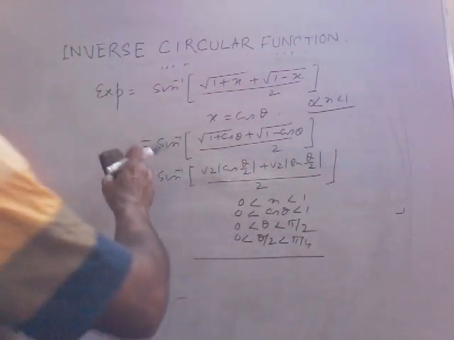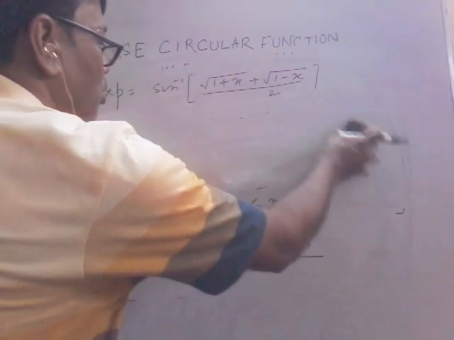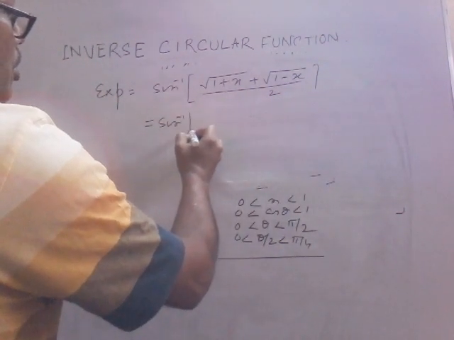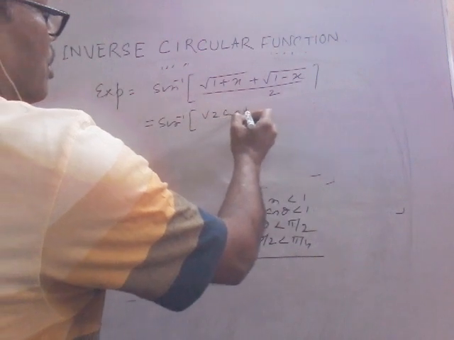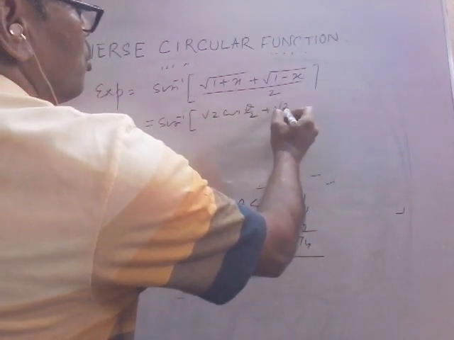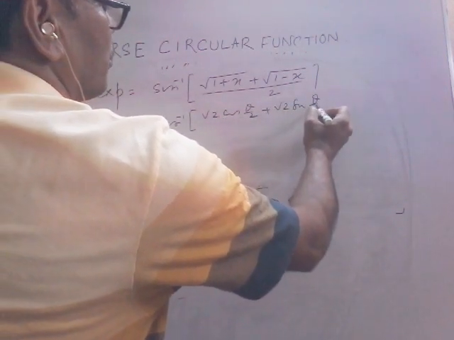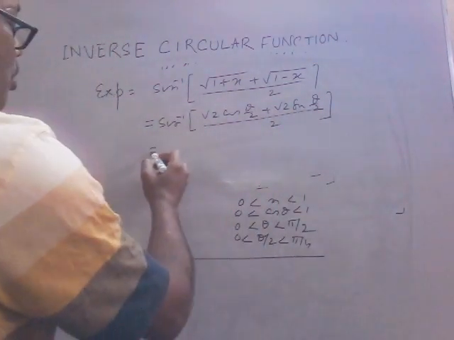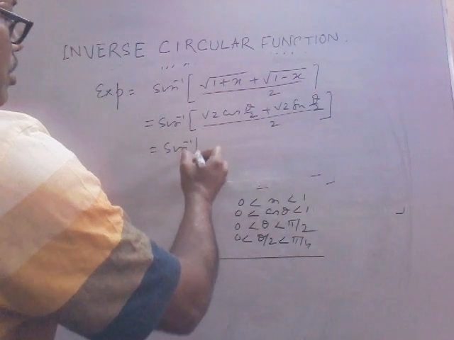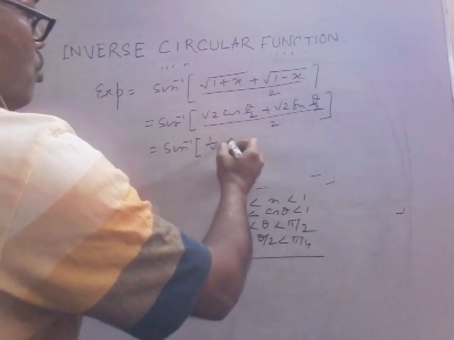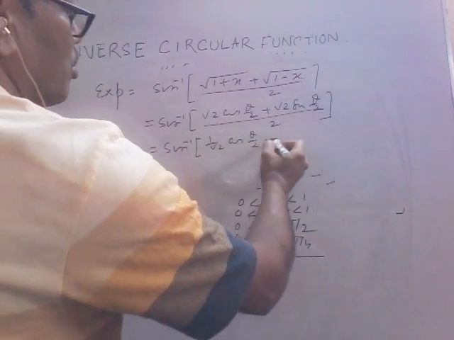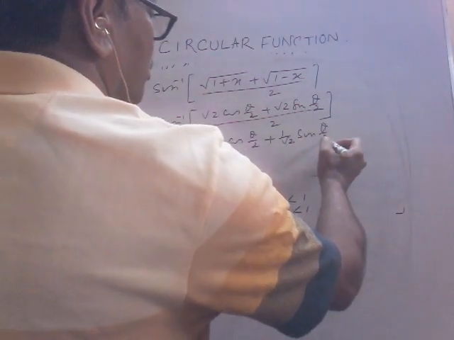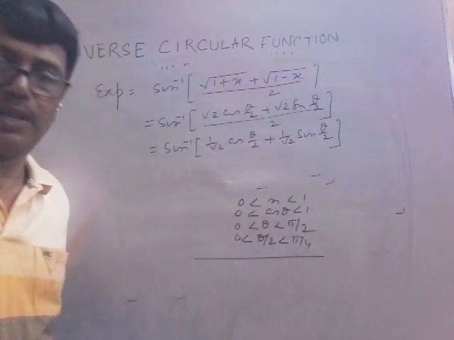So what is the value of the expression? This equals sine inverse of root 2 cos theta by 2 plus root 2 sine theta by 2, by 2. So sine inverse of 1 by root 2 cos theta by 2 plus 1 by root 2 sine theta by 2.